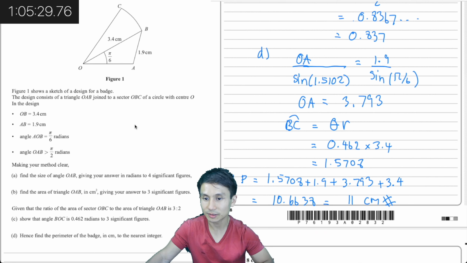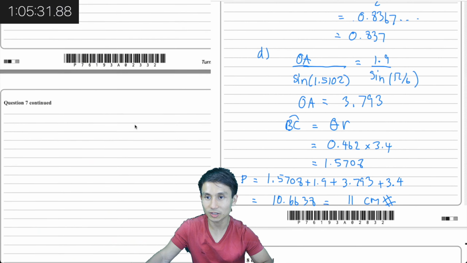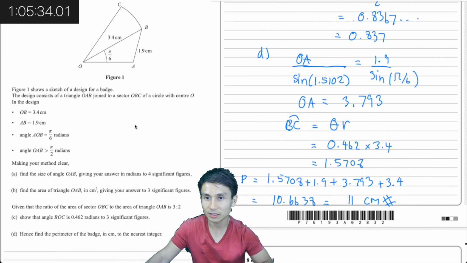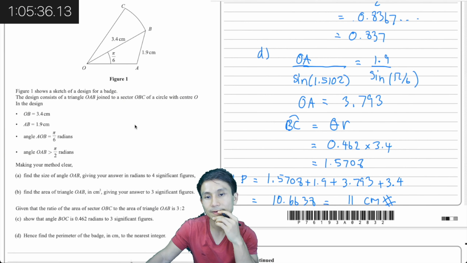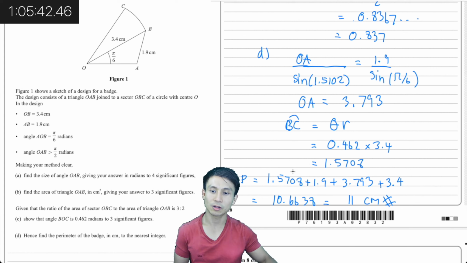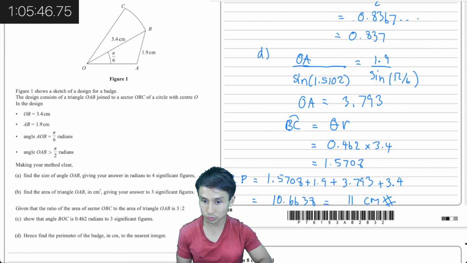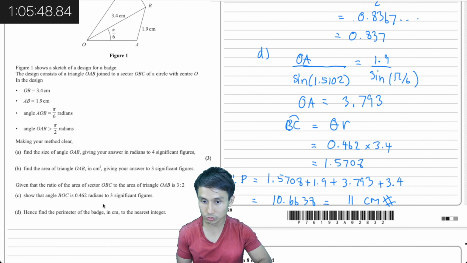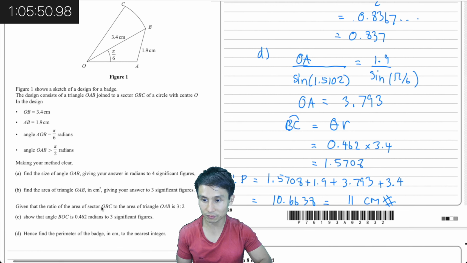I'm guessing I'm going to have to call that. The area of sector OBC to the area of triangle OAB is 3:2.